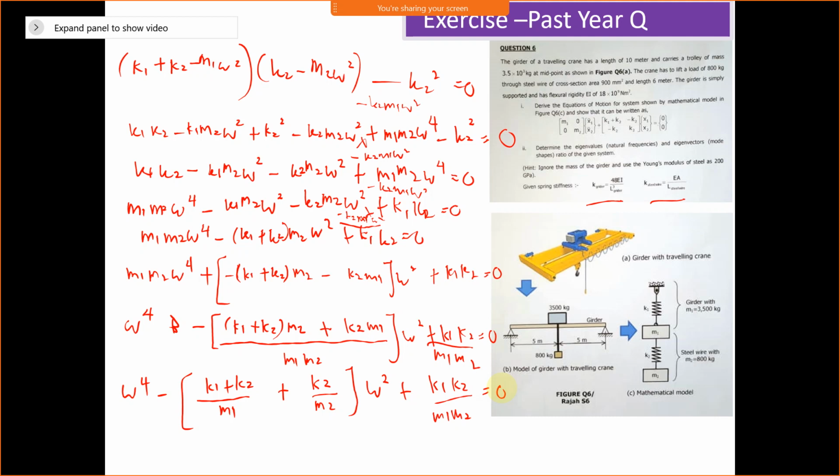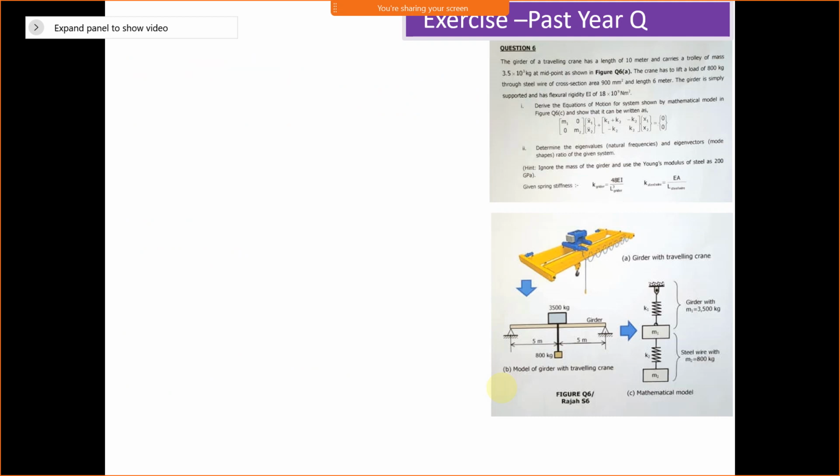So masukkan all the values K1, K2, M1, M2 dalam equation. So what is our K1? Equation of our K1 based on equation kita ada 48 EI over L cubed. K1 adalah K girder ataupun K steel wire. Okay, this is K1 lah, girder kan.